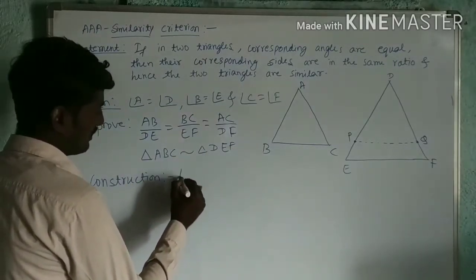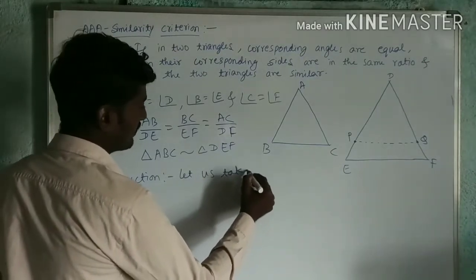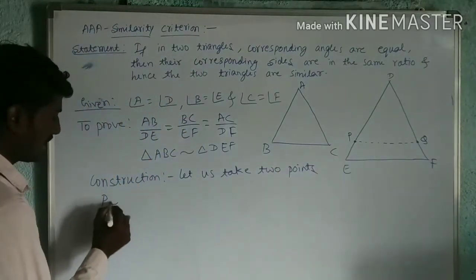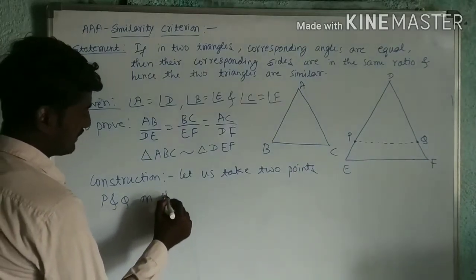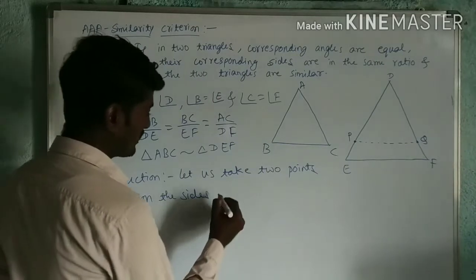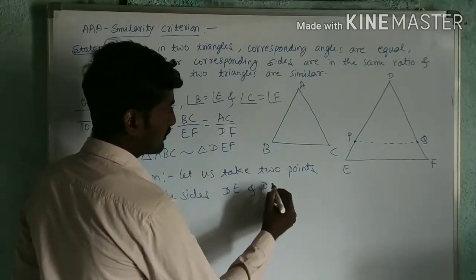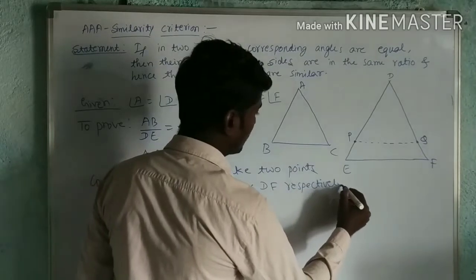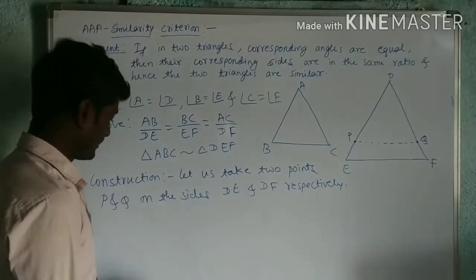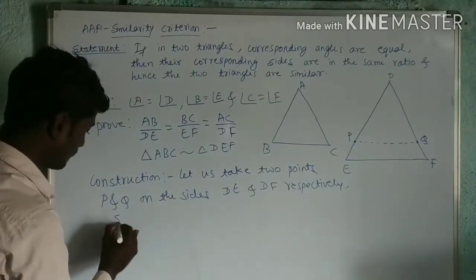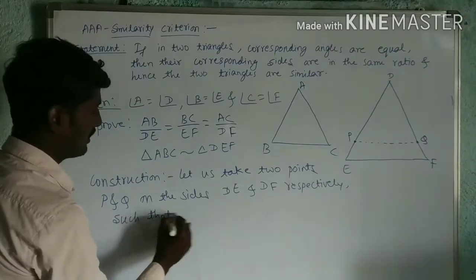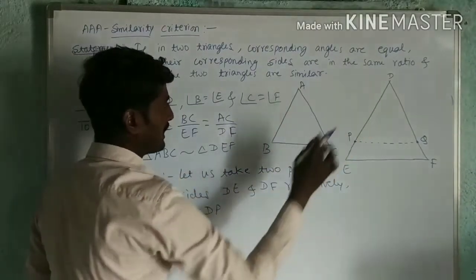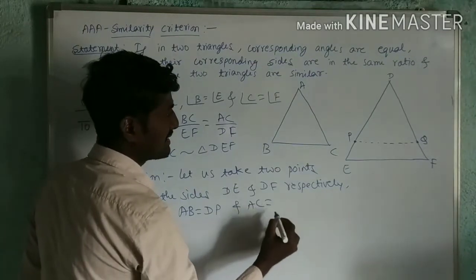Consider, let us take two points P and Q on the sides DE and DF respectively, such that AB is equal to DP, and AC is equal to DQ.